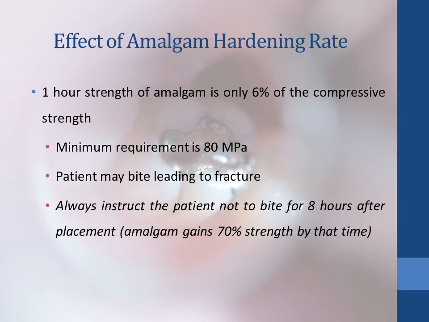The reason being that after 1 hour only 6% of the compressive strength has been achieved. So always instruct the patient not to bite for 8 hours after placement. Usually we say do not eat from this side for at least 1 day, but actually after 8 hours it gains 70% of the strength.